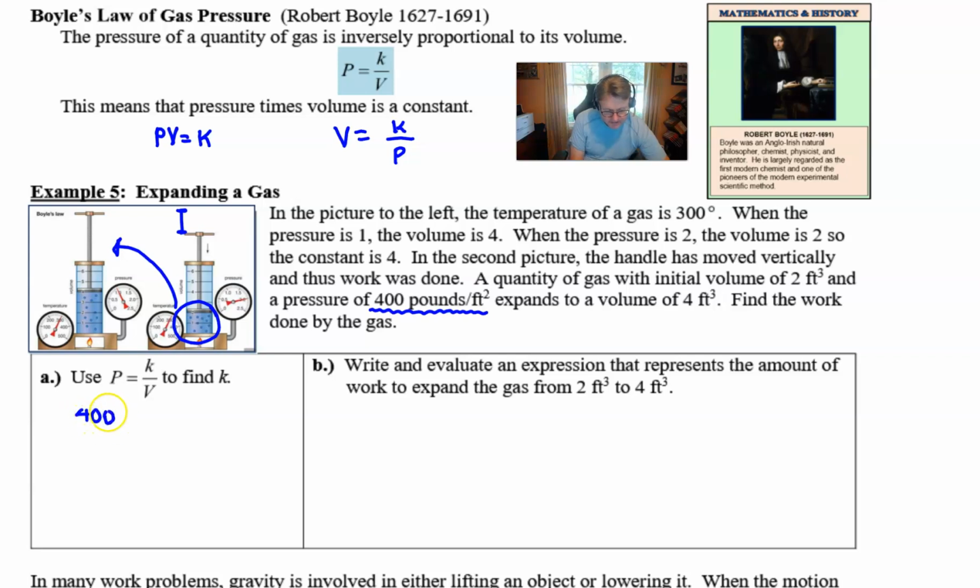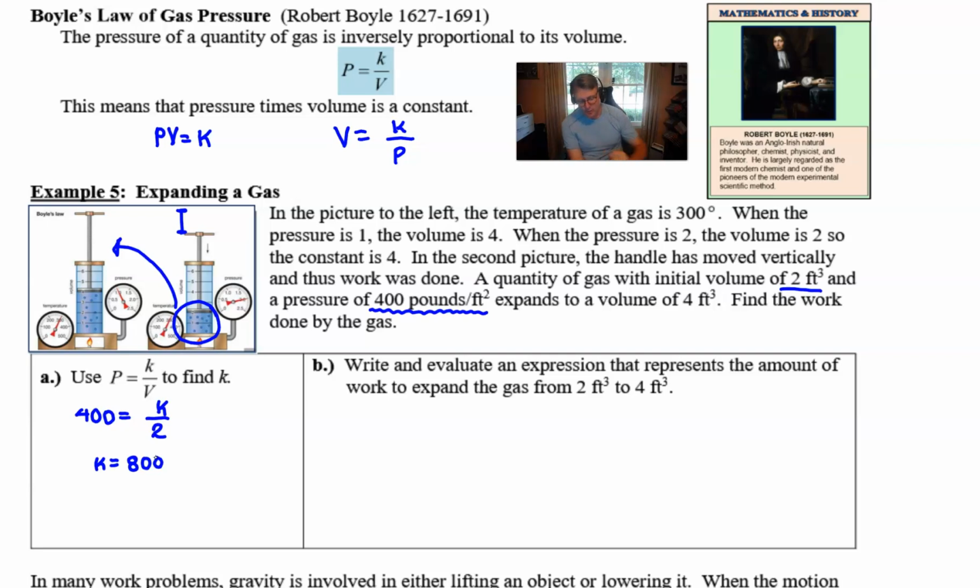So the pressure is 400, and the volume for which that pressure is true is 2 cubic feet. And so we're going to put our 2 here, and you can see very easily that our K value is going to be 800, 400 times 2. That's now a complete Boyle's Law formula for us.